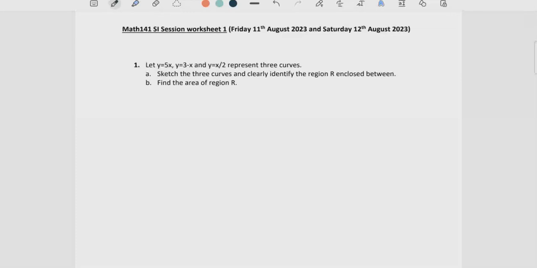So this first question is giving us three curves. y is equal to 5x, y is equal to 3 minus x, and y is equal to x over 2. And they are asking us to represent these curves. So if we were to use our axis to represent these curves, let's try to imagine how this would look.